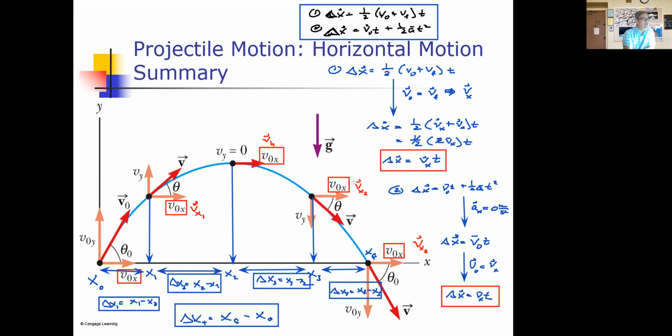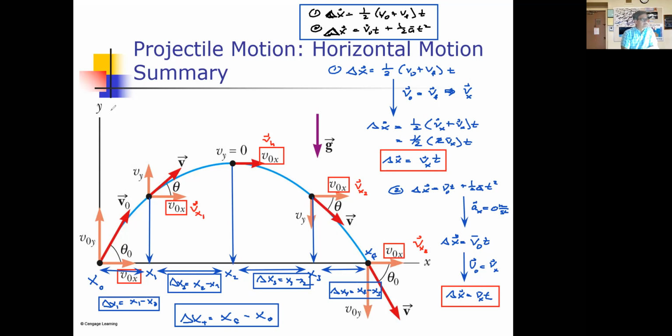That along the horizontal motion, the velocities are all going to be the same. It's going to be equal to the x component of the initial velocity. So let me go ahead and write that down first as a summary.